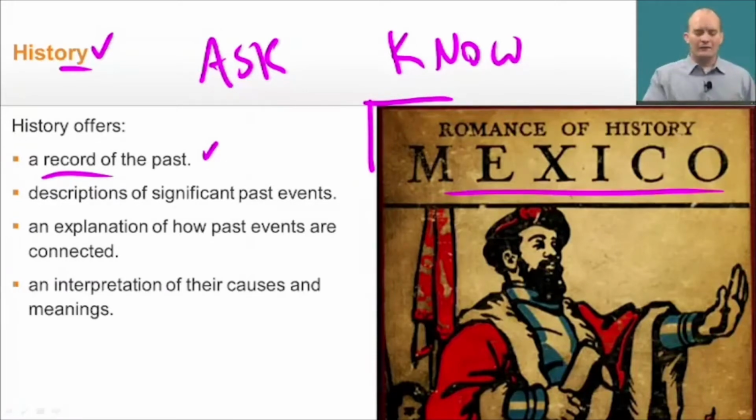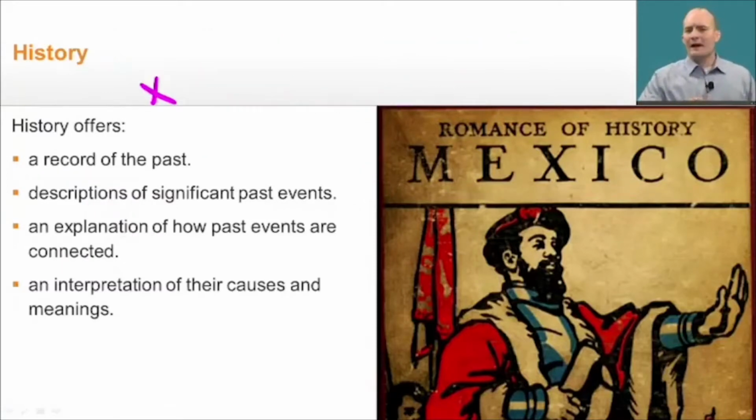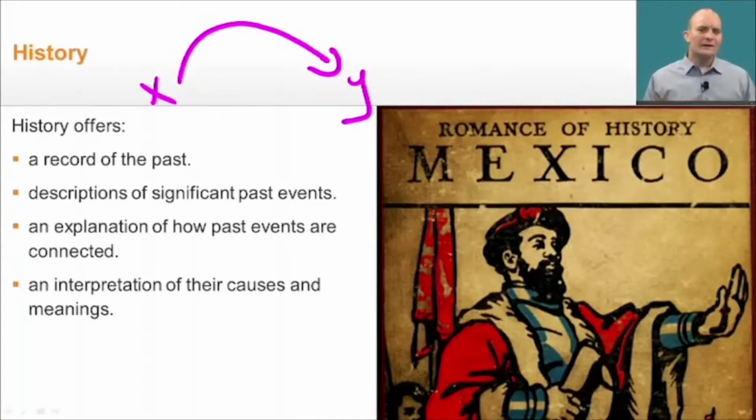It also offers us descriptions of significant past events, a battle, a war, a movement that took place. It offers us an explanation of how past events are connected. How, if this battle took place, what was the effect of it? That's really important to be able to understand. And finally, history offers an interpretation of their causes and their meanings, which is really important as well.